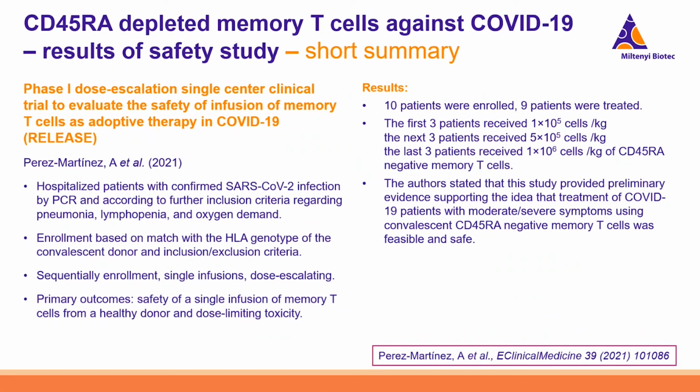The authors stated that this study provided preliminary evidence supporting the idea that treatment of COVID-19 patients with moderate to severe symptoms using convalescent CD45RA negative memory T cells was feasible and safe. This clinical application is currently being further investigated in the phase 2 clinical trial. All this and much more detail can also be found in the original publication as given below.